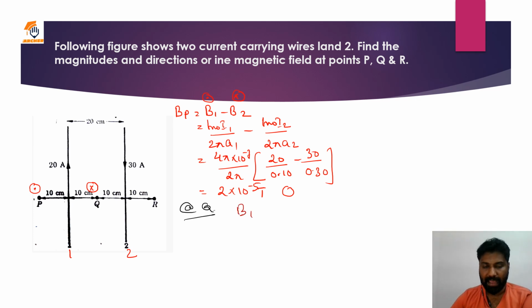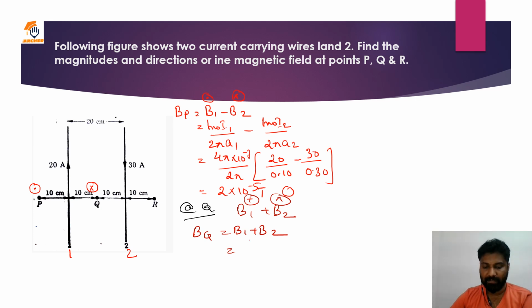So here we will take B1 plus B2, since both will be inward. So BQ will be B1 plus B2. So here we will get the same equation.